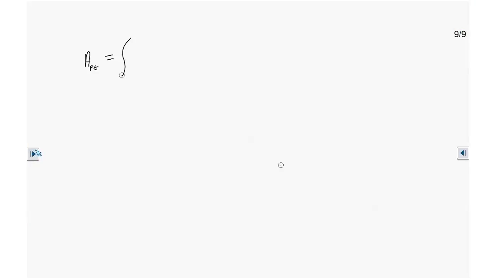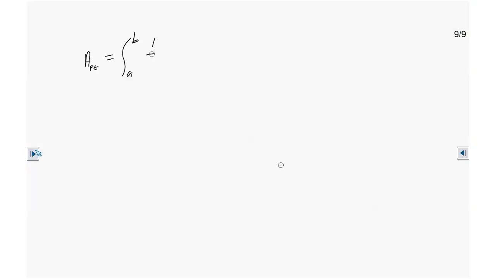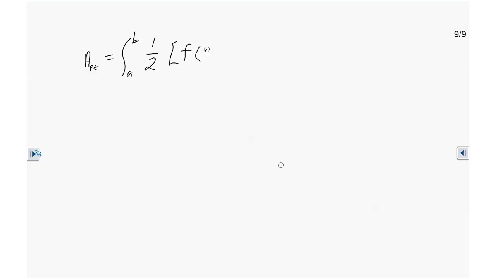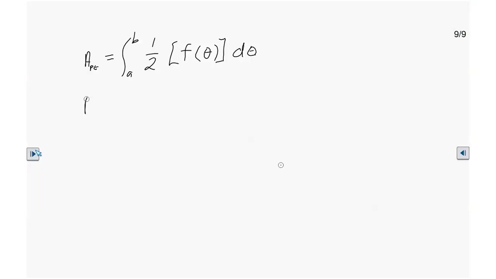Area of a polar graph, I'm just going to put PG, is equal to the integral from A to B of 1/2 f of theta quantity squared d theta. And you can pull the 1/2 out.